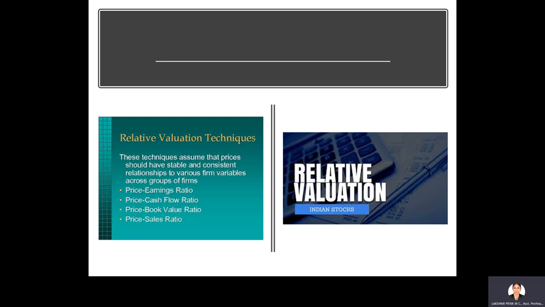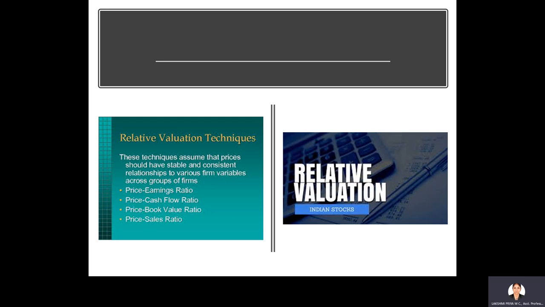For hotels, it is EV to number of rooms. For media, it is EV to number of subscribers. And for telecommunications, it is EV to number of subscribers. And from the fundamental point of view, the general formula for an operational multiple is EV per unit is equal to (ROIC minus G) by ROIC, into (WACC minus G), into NOPLAT by number of units.